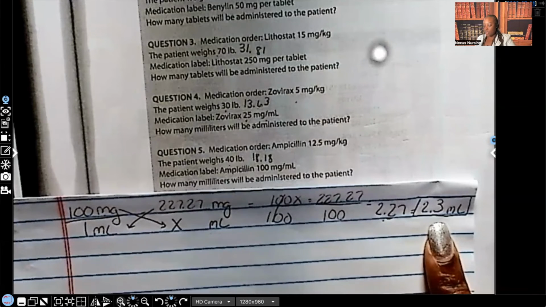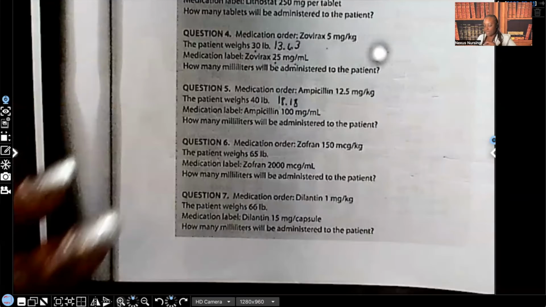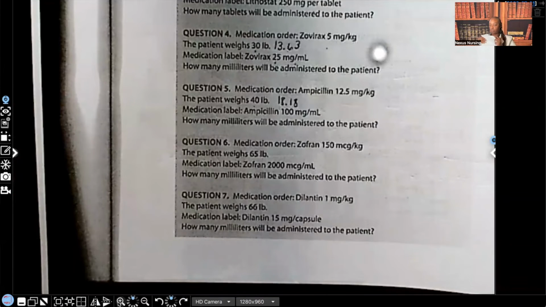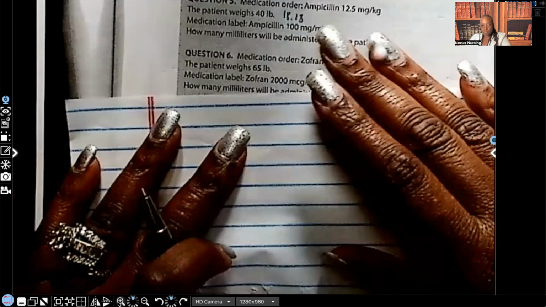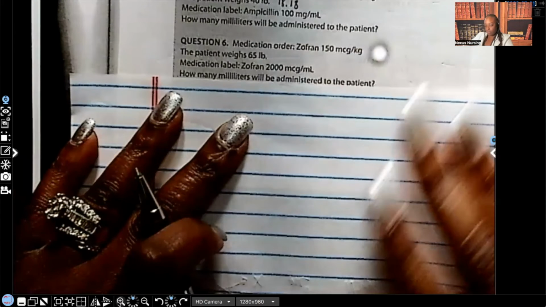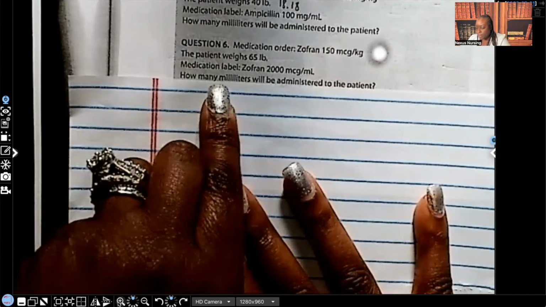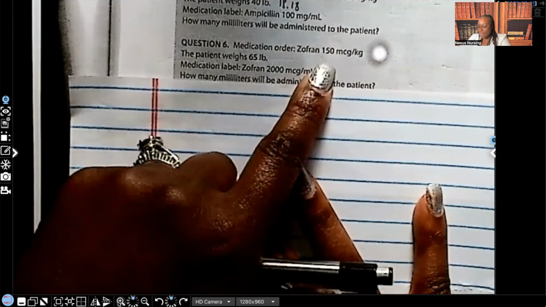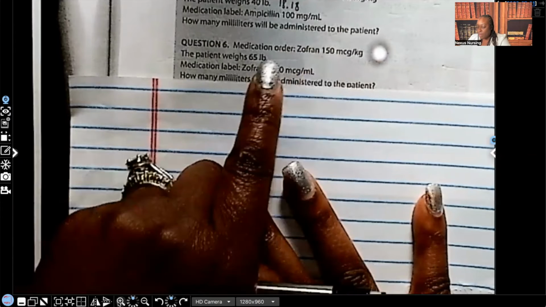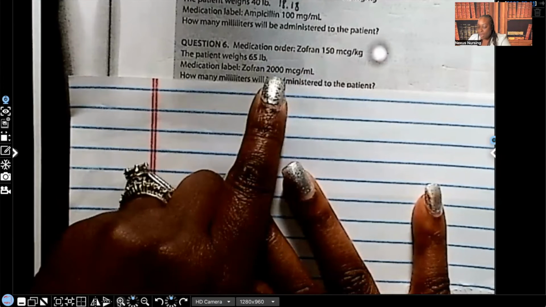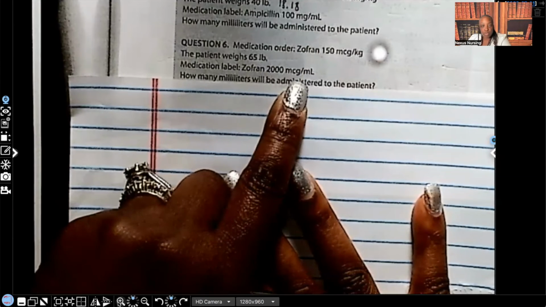All right, let's do problem number 6. Zofran 150 micrograms per kilogram. Patient weighs 65 pounds. What we have is 2,000 micrograms per milliliter.